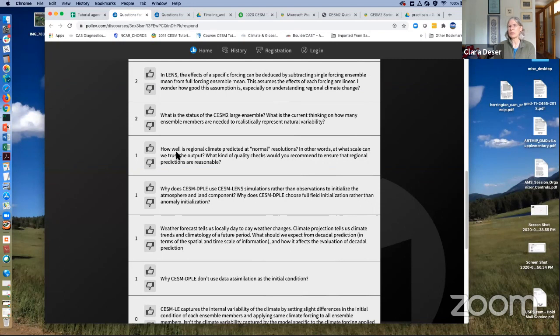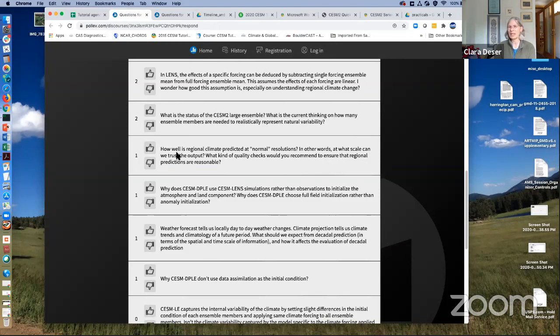So we have not been able to test to what degree these forcing agents are actually linear. And I think that would be a very nice thing to do.